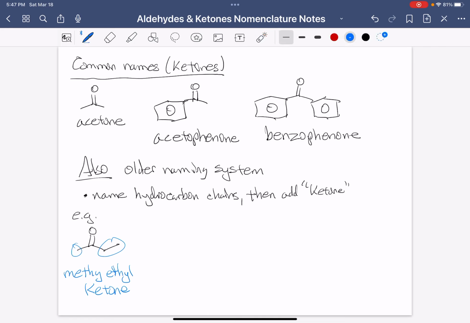We could have something like, let's do this here. And here's our methyl. This group, the CC double bond here, is also known as a vinyl group. So this is methyl vinyl ketone.